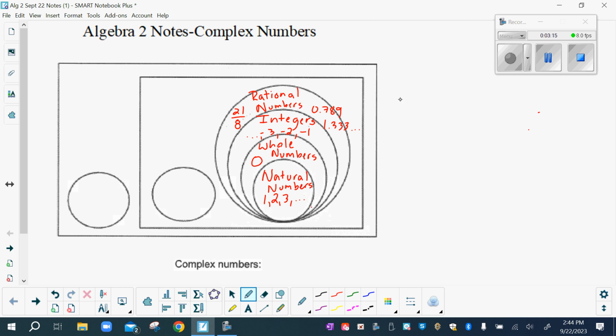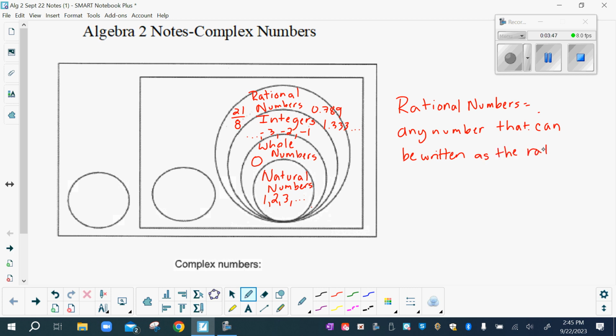And the name for rational numbers, the definition, is any number that can be written as the ratio of 2 integers.